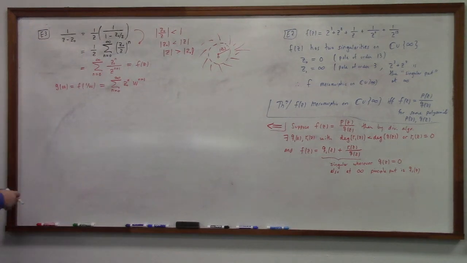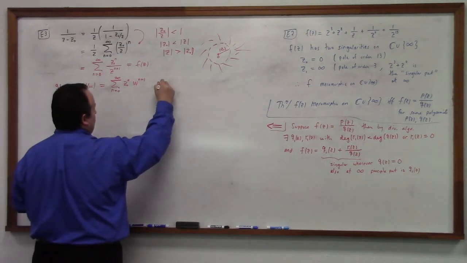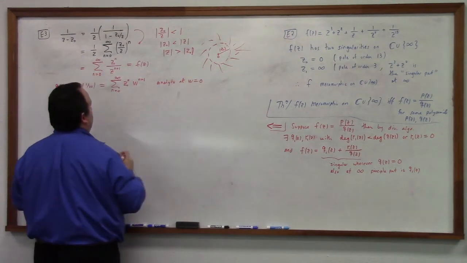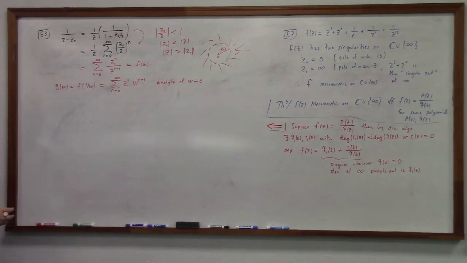So this is analytic at w equal to 0, which shows you that the original f was analytic at infinity. That's how we judge analytic at infinity. We look at the reciprocal function. Okay, great.